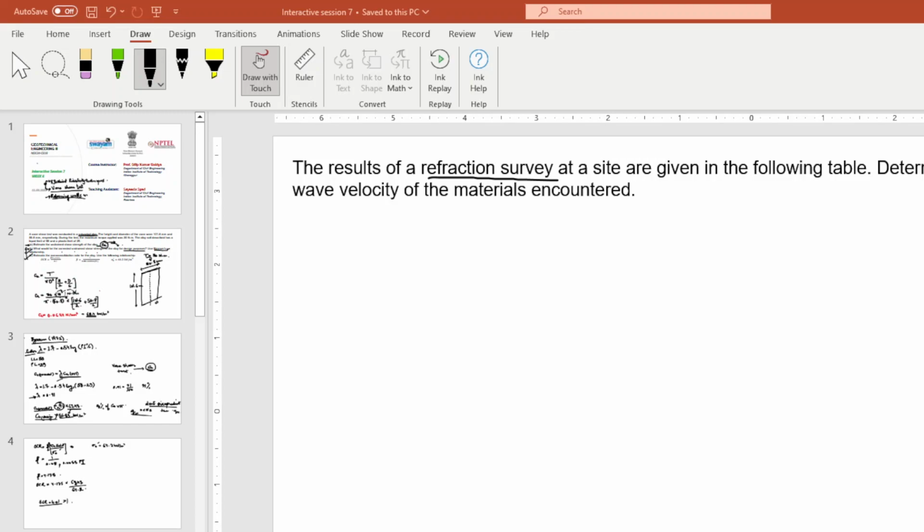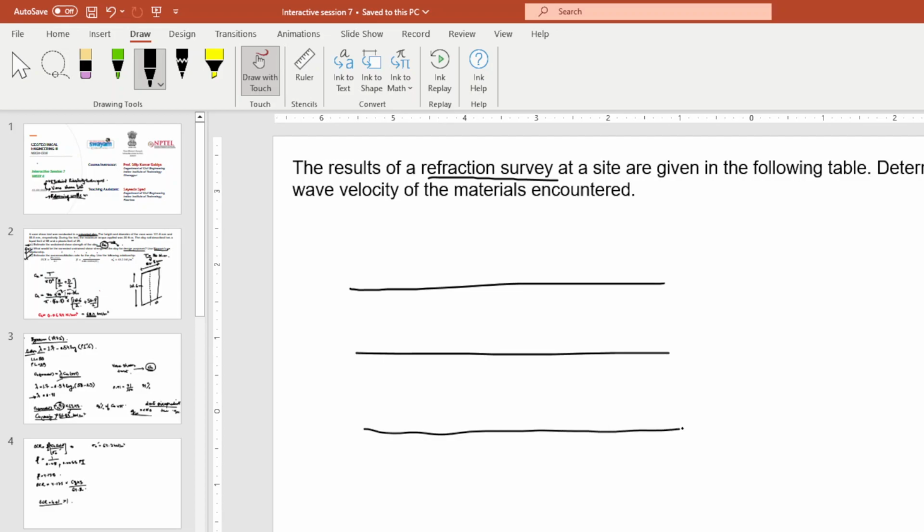So we know that what we do in this is, if we have a stratified deposit or whatever kind of deposit and we want to know generally about the number of strata, we have an energy source here. Usually it is a hammer blow and it results in shock waves traveling through the strata.